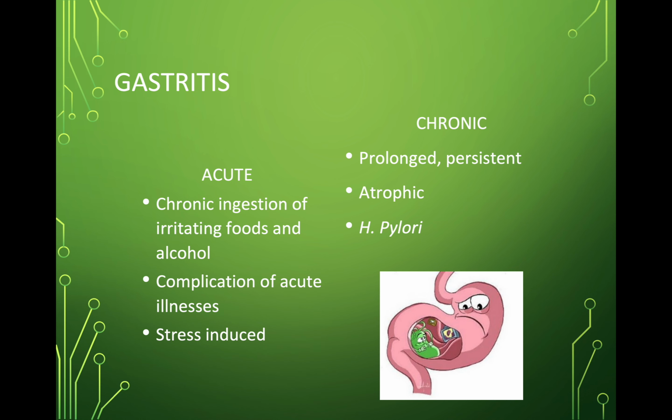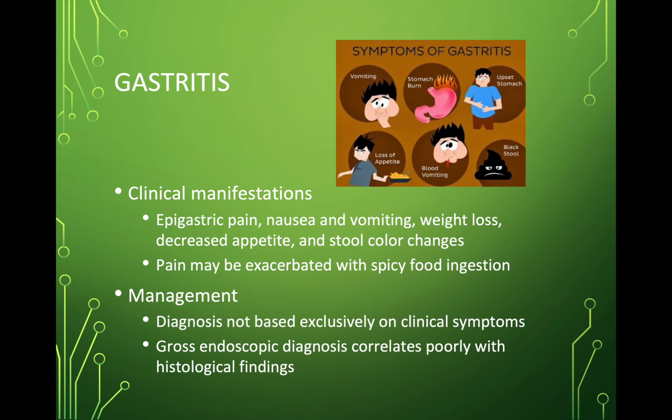And therefore we can't absorb the vitamin B12 that we need because of the lack of the production of intrinsic factor. H. pylori, that stands for Helicobacter pylori. This is a type of bacteria that can lead to gastritis, and we'll talk a little bit more about that here in just a couple of slides and dive into that a little bit deeper.